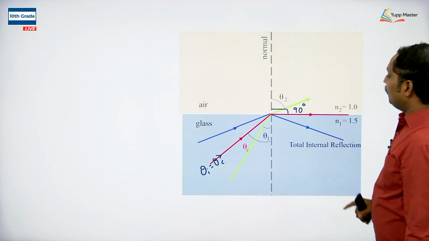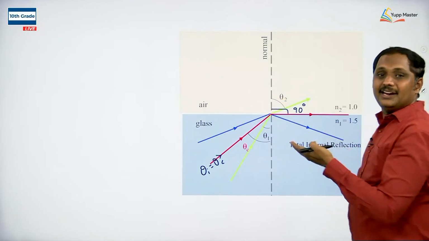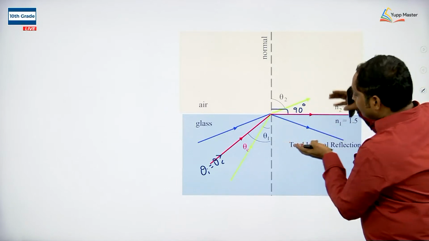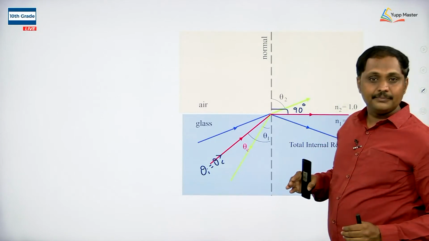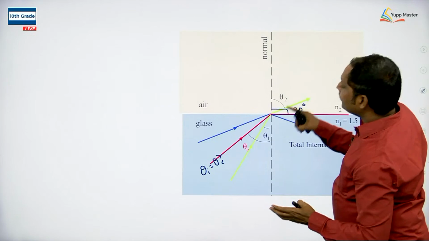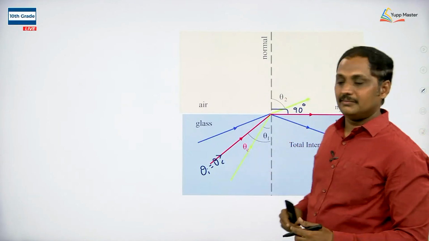Now, if you identify this one, this is the total internally reflected light ray. The light rays are limited to the same medium after reflection. The light rays enter from one medium to another medium after refraction.